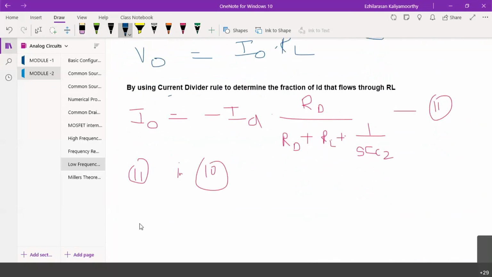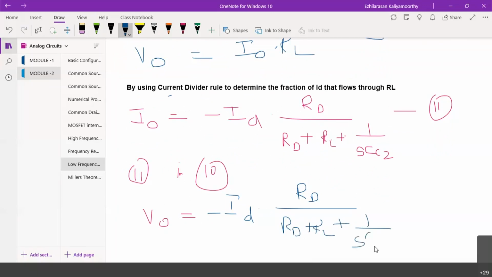So we'll get V naught is equal to minus ID into RD divided by RD plus RL plus 1 by SCC2 into RL. So this is the expression number 12.